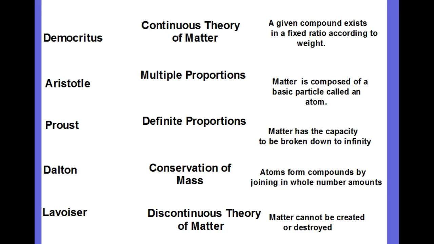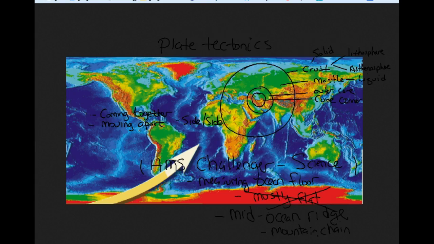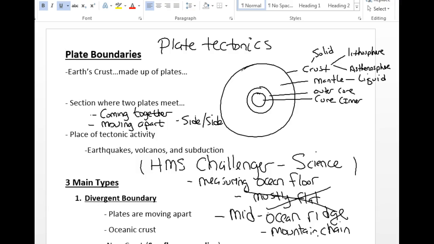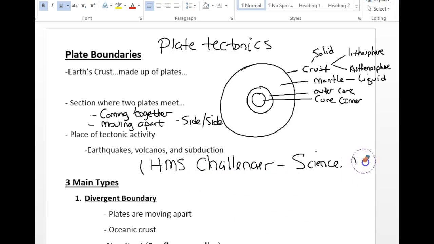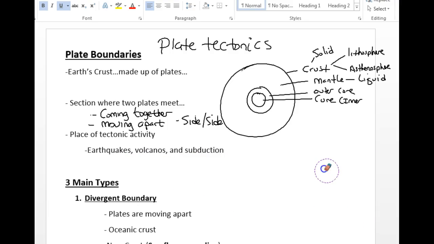I'm going to go back to the notes here. If we look at how this works, what types of boundaries do we have and what do they form? That's what we're going to finish up with here. So I'm going to erase some of this stuff. Hopefully you got it. Pause the notes or go back if you didn't quite get this.